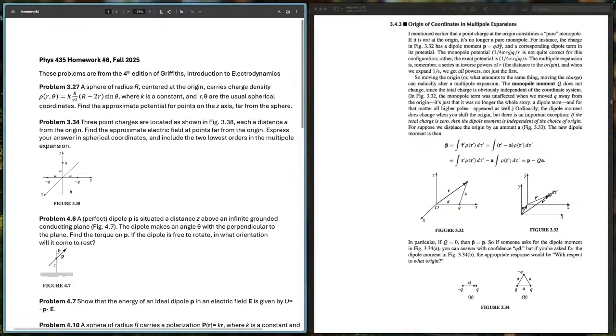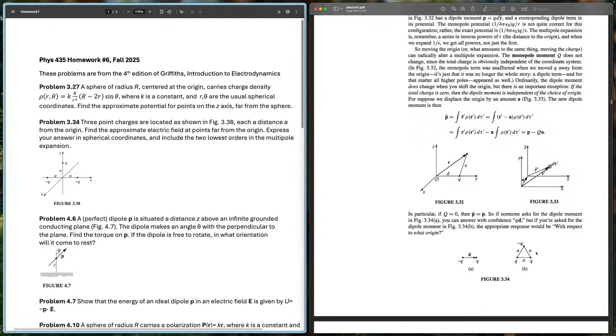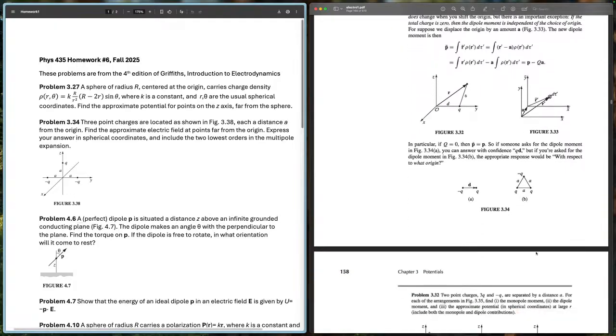Well, of course, since we just have 3 point charges here, we can bash out the actual answer, right? But we kind of want to do it in this fashion. And then we can also just do a superposition of these 3 charges.